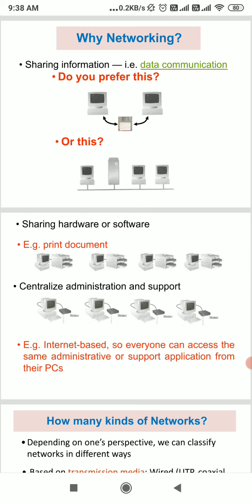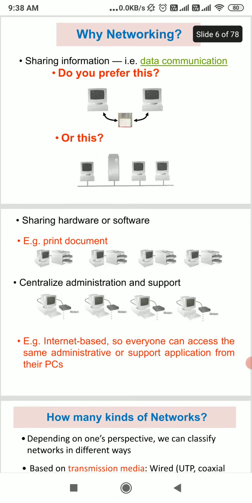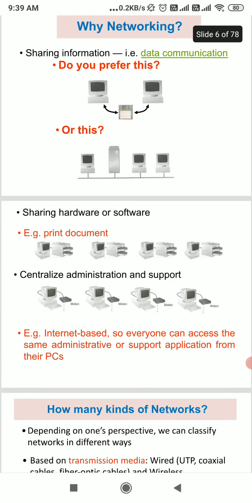You can use whatever cable you require for the sharing purpose. Here we were using the internet by taking a modem, or we can use a router. So here we are giving centralized administration and support.